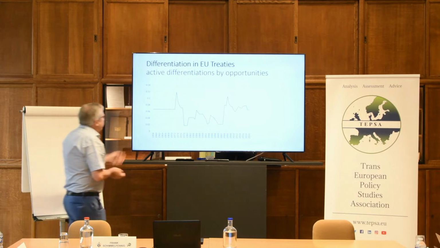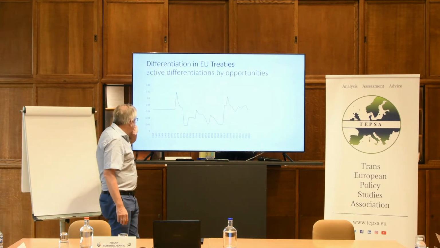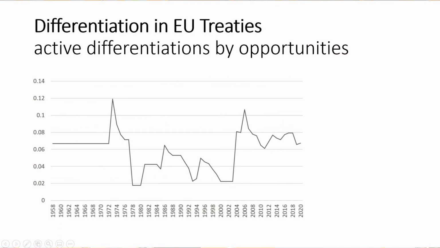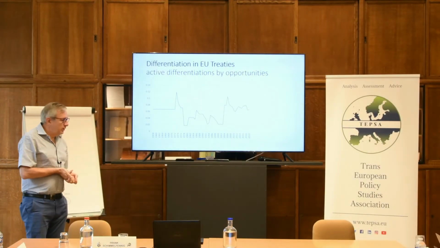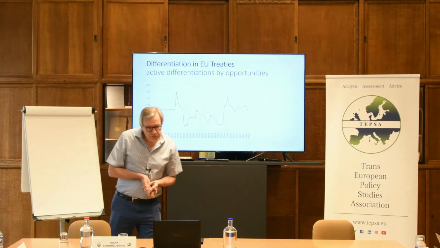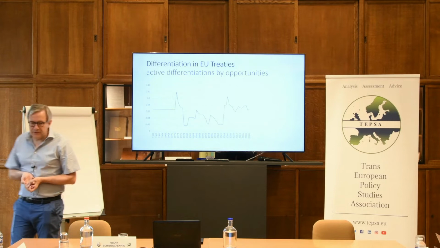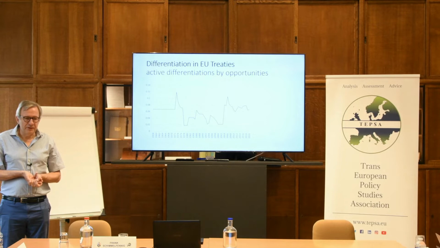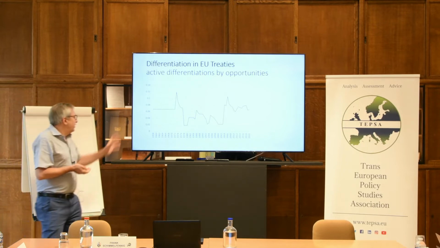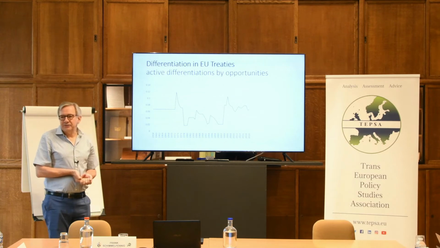Also, what you see is if you compare the early period and the current level of differentiation, it's basically the same. When the treaties of Rome were ratified, controlled by the number of differentiation opportunities, the communities were as differentiated as they are now.